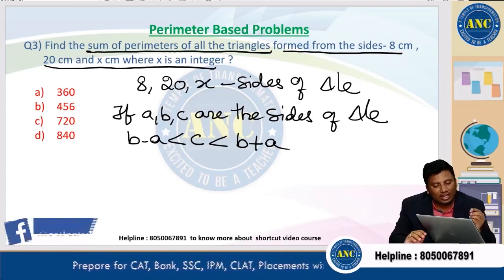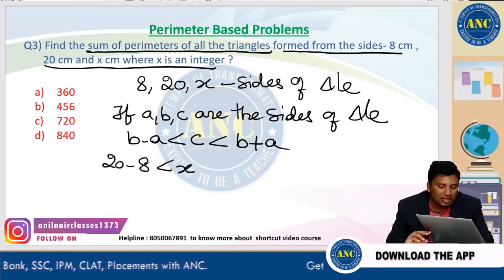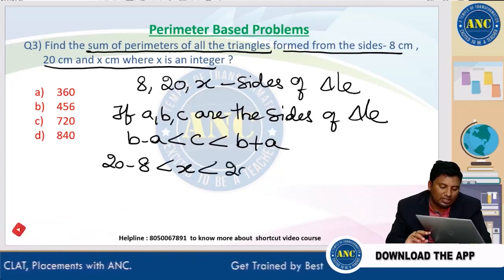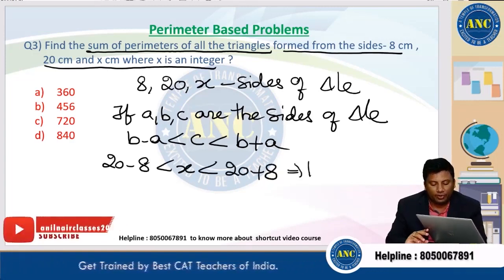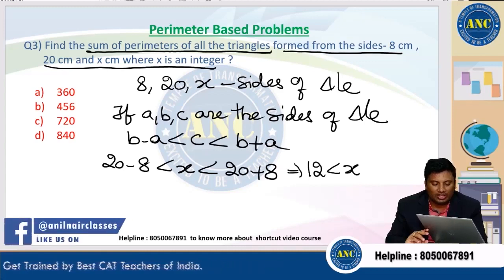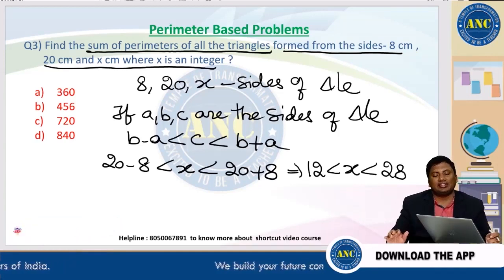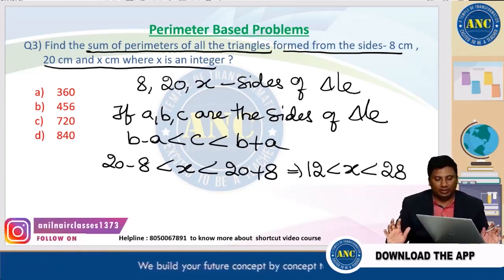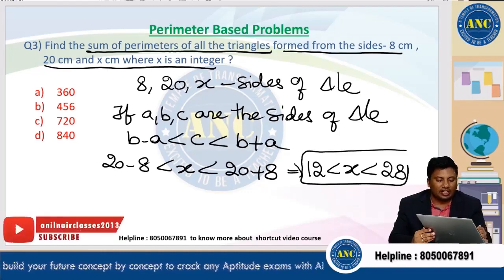If I use this range, 20 minus 8 less than x less than 20 plus 8, which is nothing but 12 less than x less than 28. I hope it is clear.